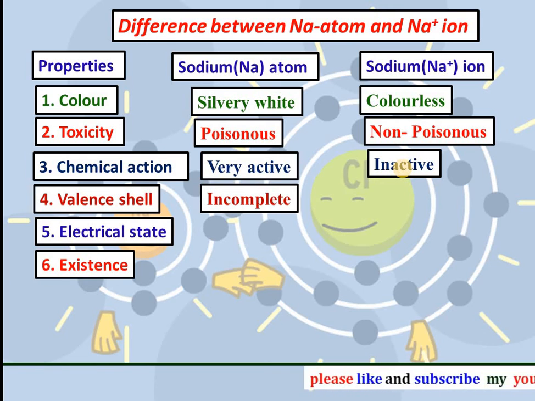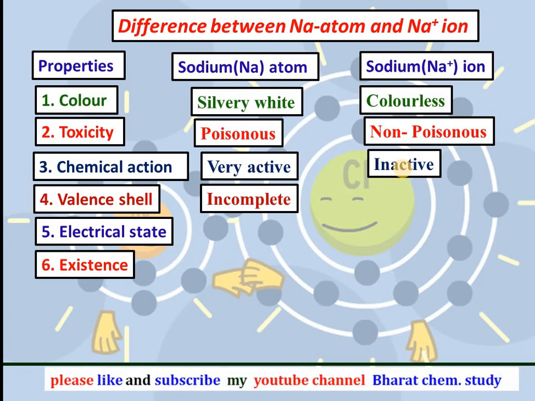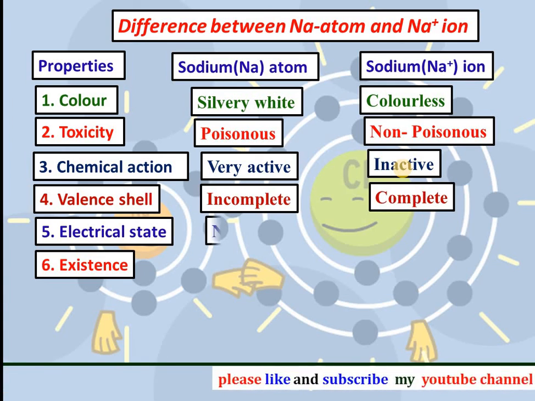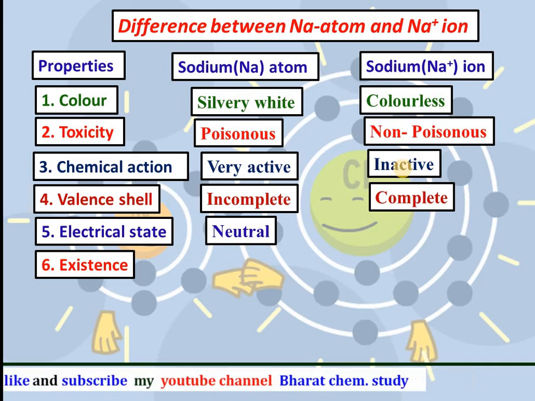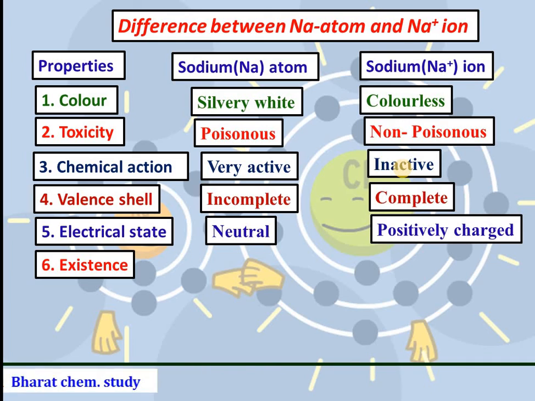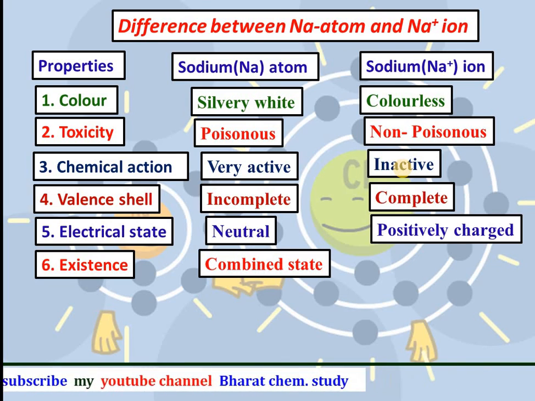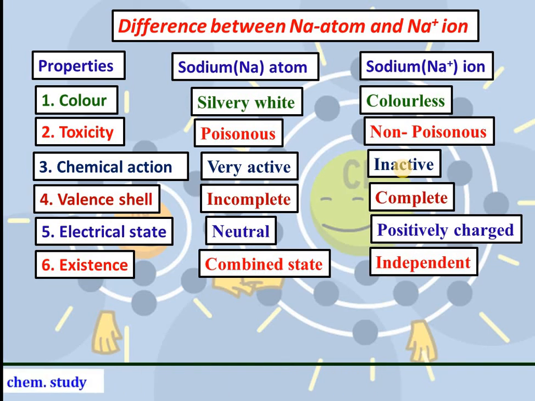Valence shell, the sodium atom has incomplete valence shell, that's why it loses electron, while sodium ion has complete valence shell. Electrical state, sodium atom is neutral while it is clear from the symbol of sodium ion that it has positive 1 charge. Existence, sodium atom always exists in the combined state while sodium ion can exist independently also.